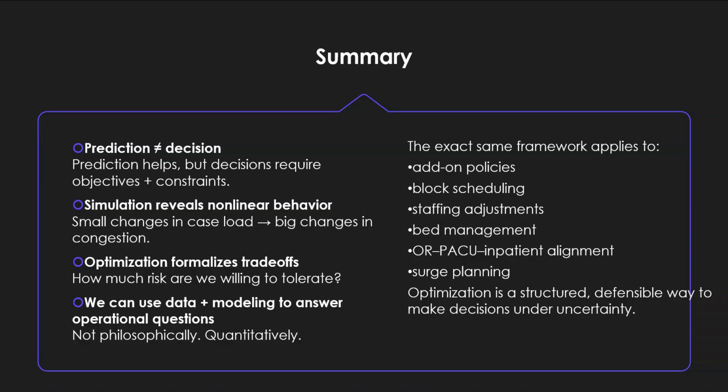So we can use data and modeling to answer real operational questions instead of just giving some flimsy guidance or general direction. This is really important to use a framework that can help us to apply this because it means we can be useful on setting policies, blocking schedules, making staffing adjustments, making real decisions within healthcare.